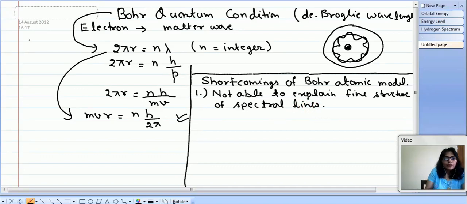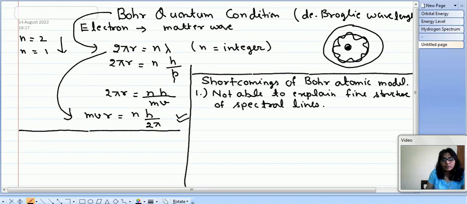So till now we have discussed only the transition like n is equal to 2 to n is equal to 1. That is a transition between two principal quantum numbers, and corresponding to this transition we will get a single spectral line. But in reality this line is composed of several lines. So let us write what is fine structure.